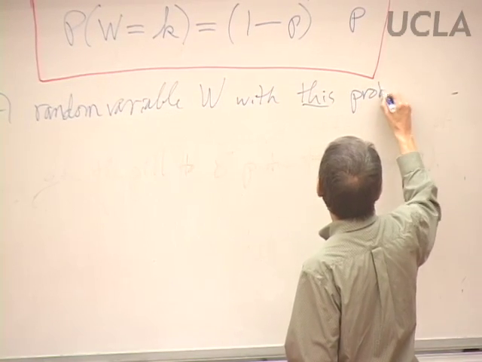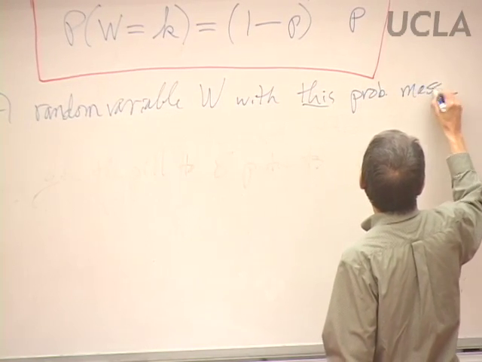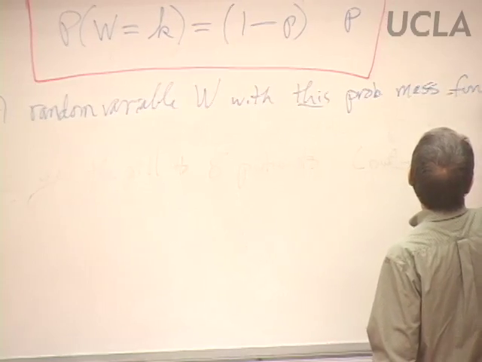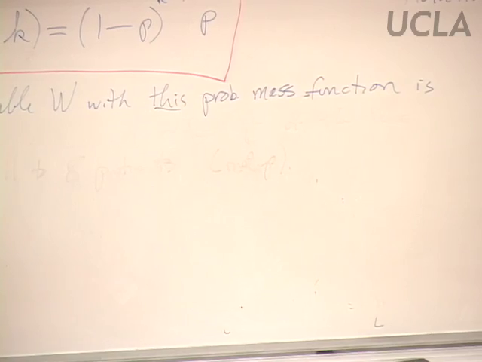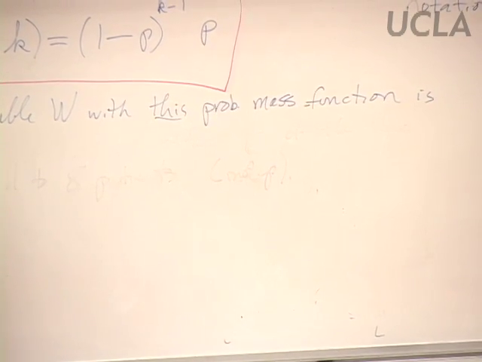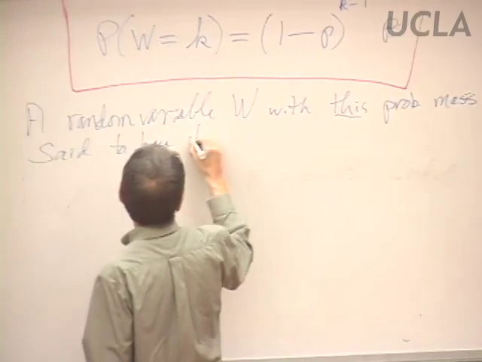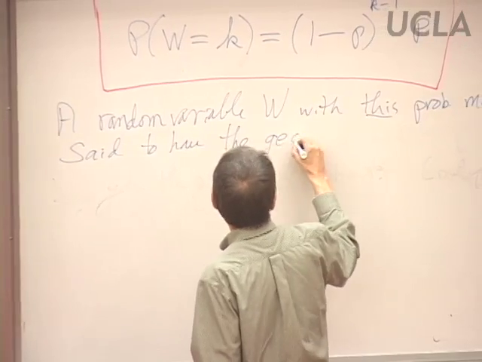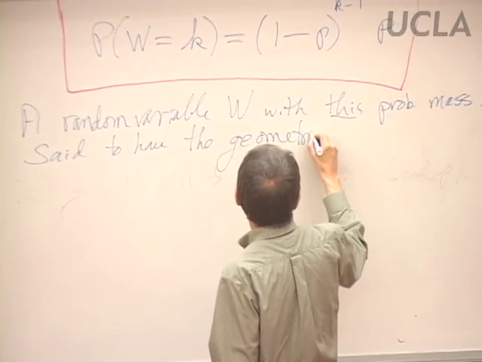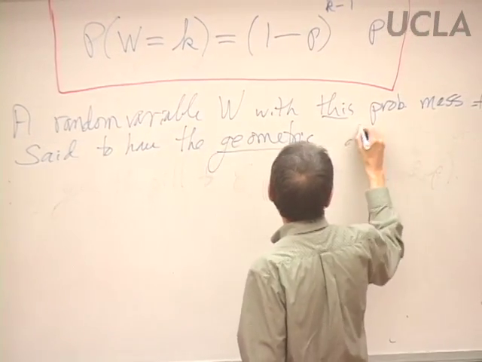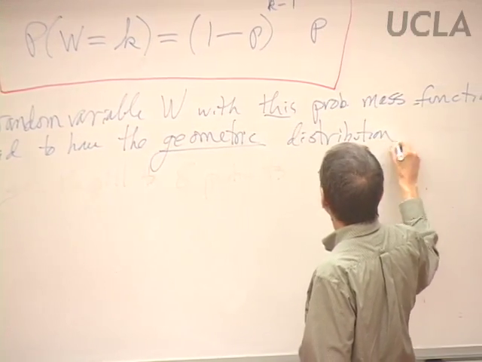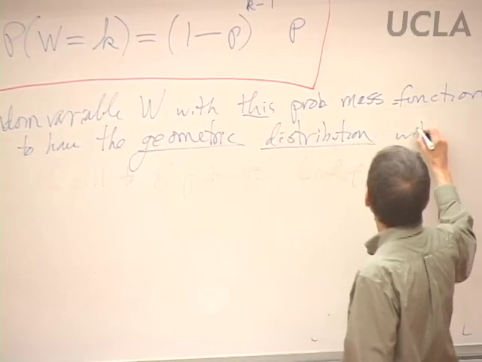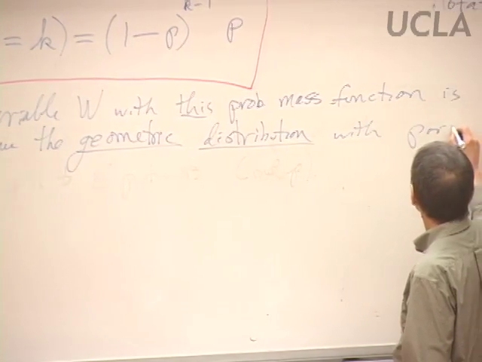With this probability mass function, a random variable is said to have the geometric distribution with parameter p.